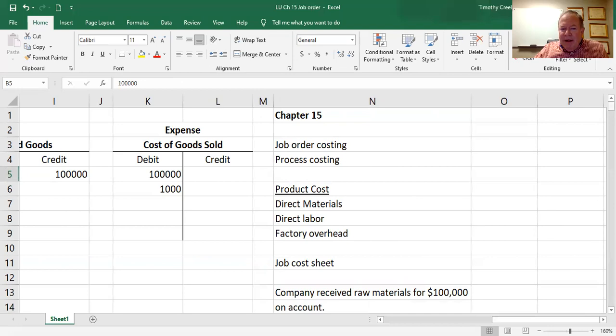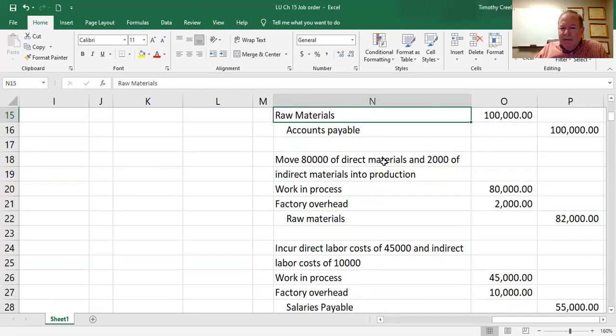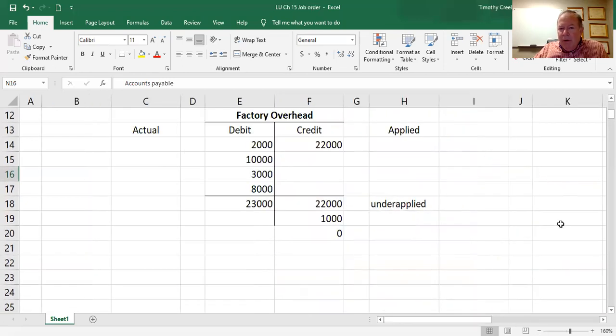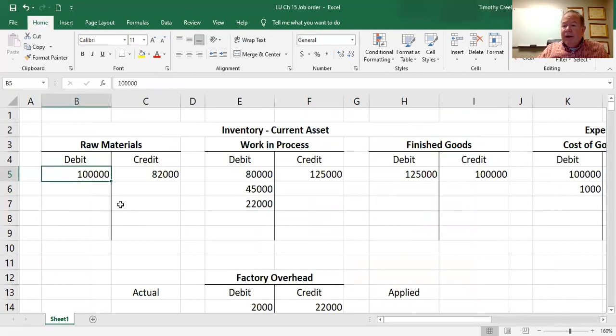So it would end up being a debit to raw materials and a credit to accounts payable. And you'll notice all the way through here as we go, if it goes into an area or increases an area, you debit it. If it leaves an area or decreases an area, you credit that account. And that's the same true for all of these. So we notice we've got a debit to raw materials for 100,000.